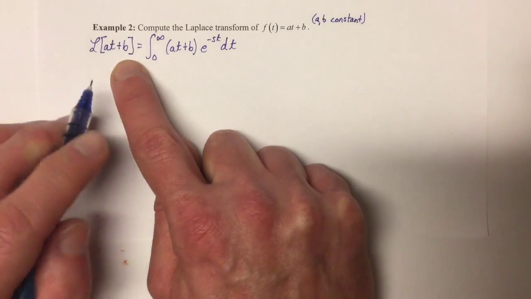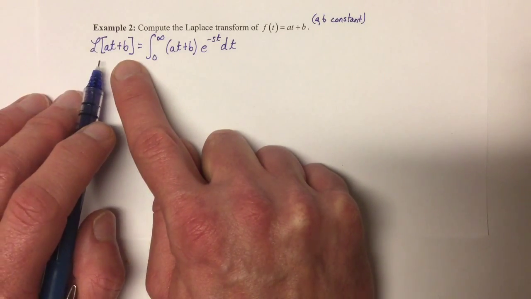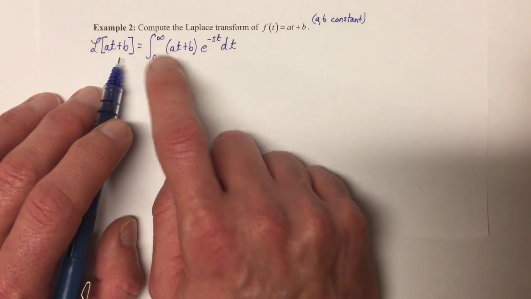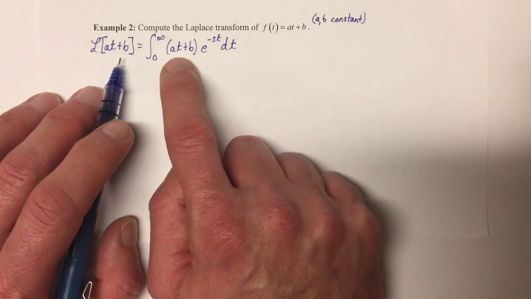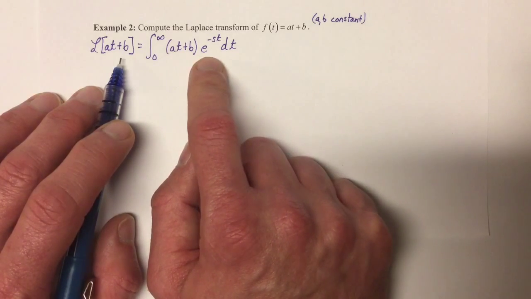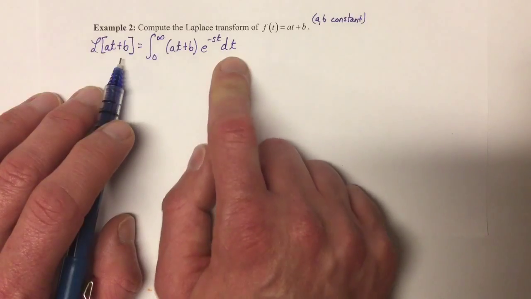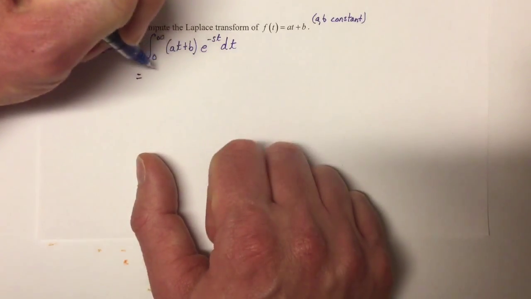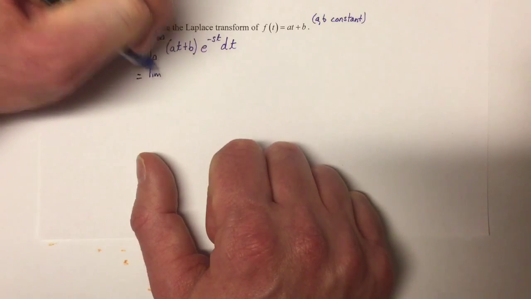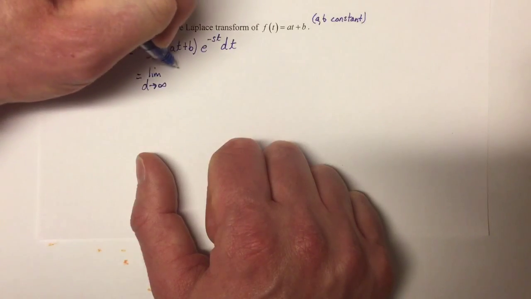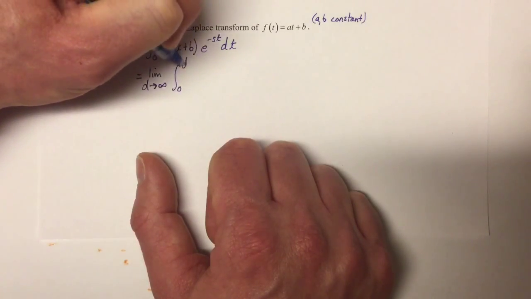By the definition of the Laplace transform of a function, the Laplace transform of at plus b in this case is an integral from 0 to infinity of that function, at plus b, times e to the minus st dt. Again, this is going to be an improper integral, so we have a limit as, let's call it d, goes to infinity of the integral from 0 to d.